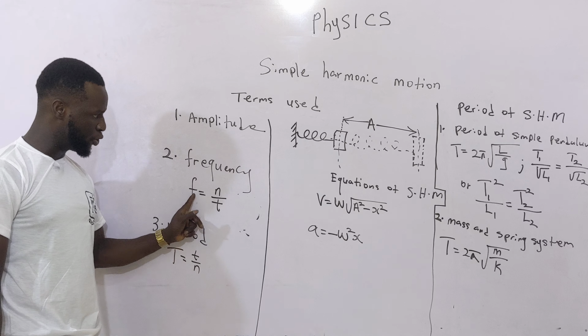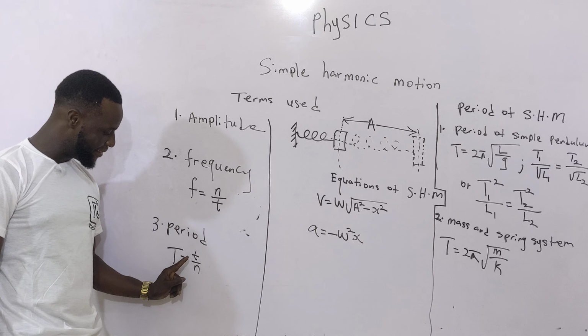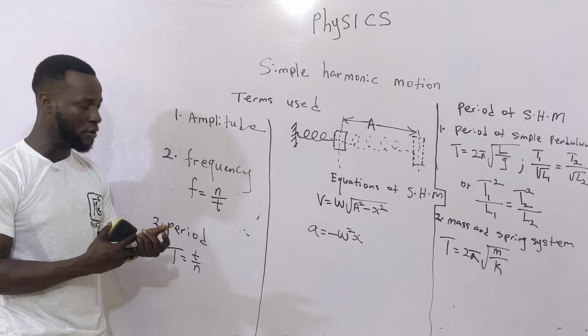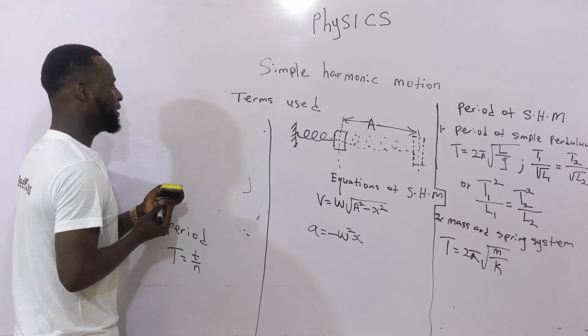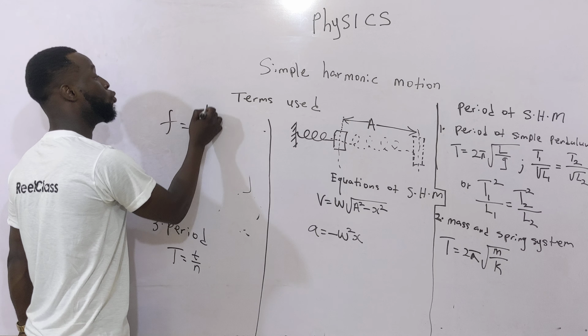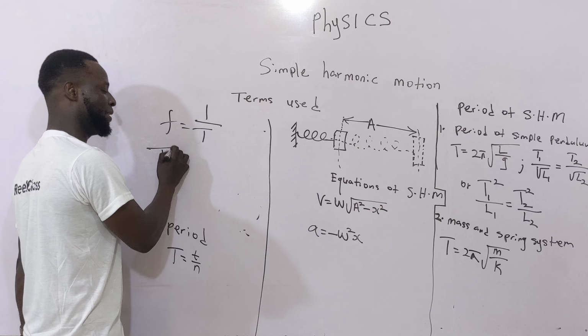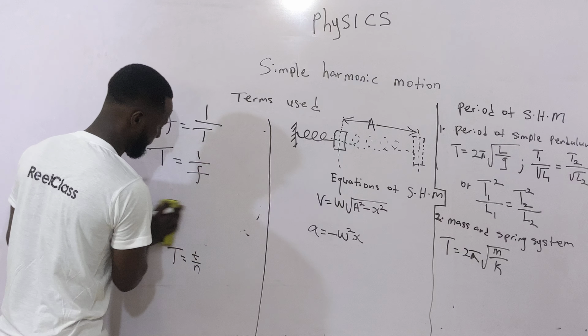If you observe these equations very well, you will notice that frequency and period are reciprocals of each other. So I can say that frequency f is equal to 1 over T, which of course means that T is equal to 1 over frequency f.